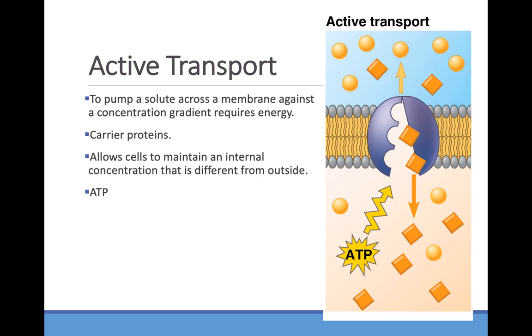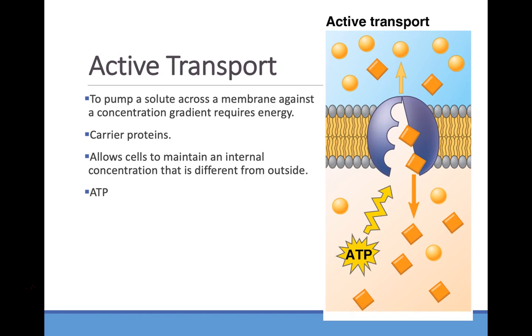Ions, molecules, water, all of these things want to move down their concentration gradient from areas of high concentration to areas of low concentration. But in active transport, the cell is trying to move something against its concentration gradient. This might be a waste product, or it might be trying to accumulate something in the cell. And so energy is required to do this.